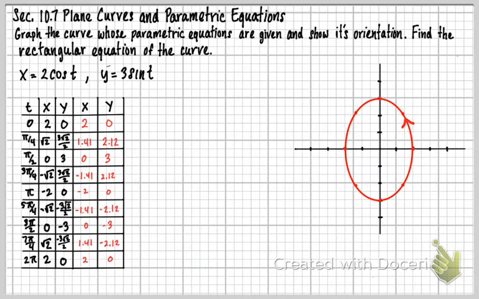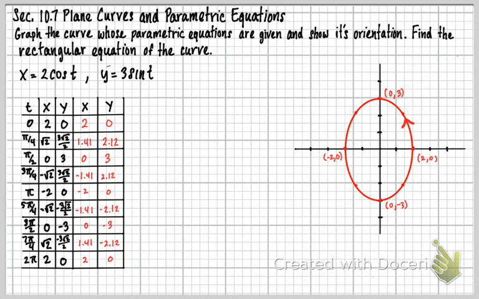So this one here is 2, 0. And this one here is 0, 3. And that's actually one of our vertices. And down here is 0, negative 3, and that's another vertex. And then this over here is going to be negative 2, 0.